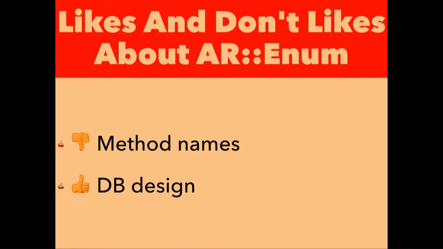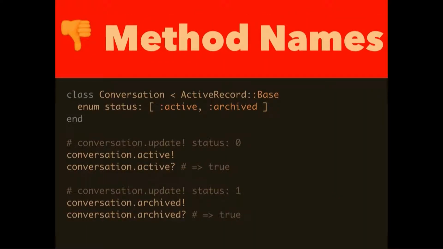What I like about Active Record enum is its DB design, and what I didn't like about it was method names. About method names, this example is taken from the source code's RDoc.